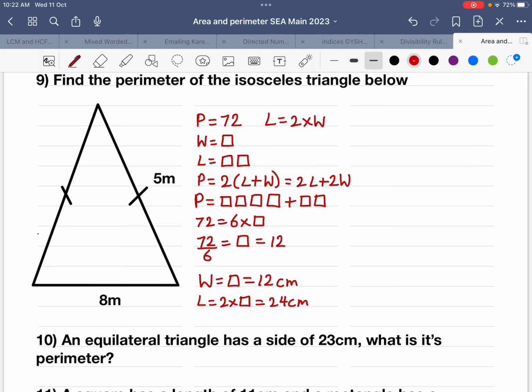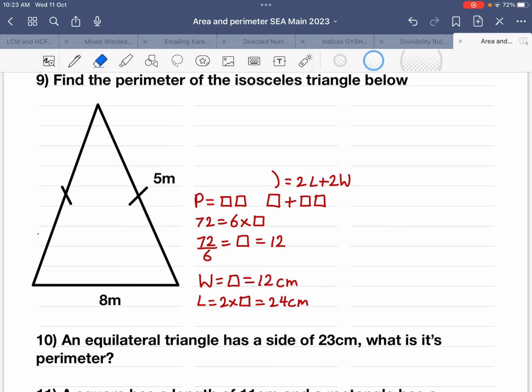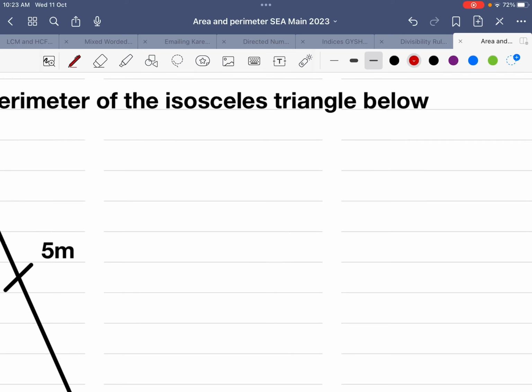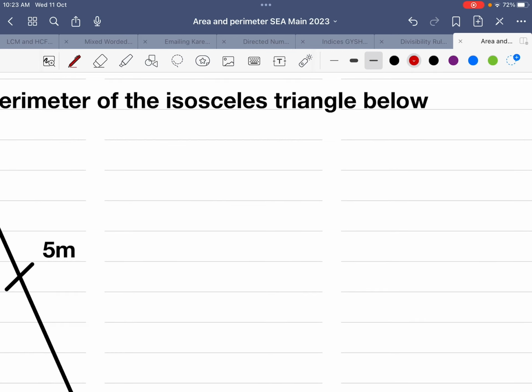Okay, let's take a look at number 10. Number 10 talks about an equilateral triangle. For an equilateral triangle, we know that all the sides are equal or the same. We know that a triangle has 3 sides. So the perimeter will be the sum of the 3 sides.